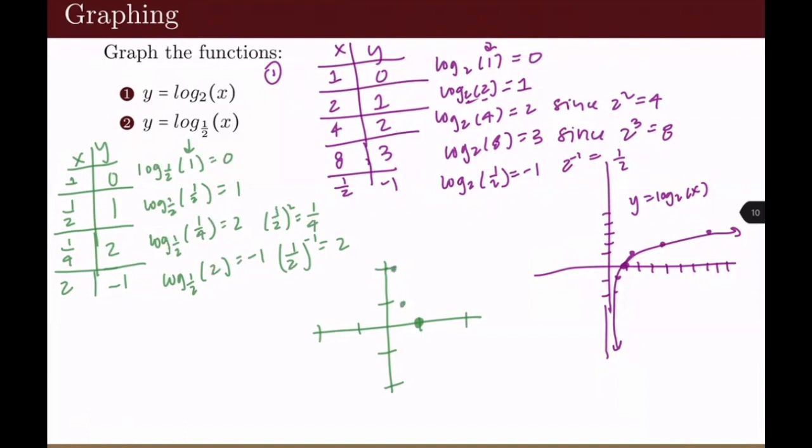And then when x is 2, y is negative 1. So we'll have something that looks like this. So it's as if you flipped your graph over the x-axis. Do you see? So instead of it going forever down, it's now going forever up.